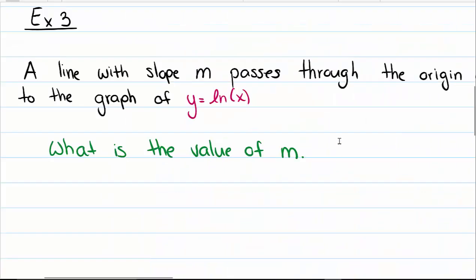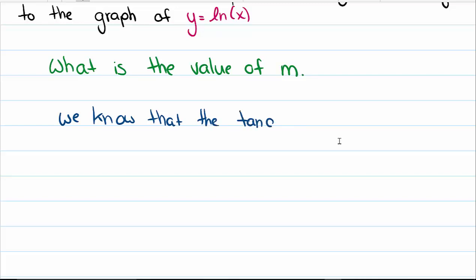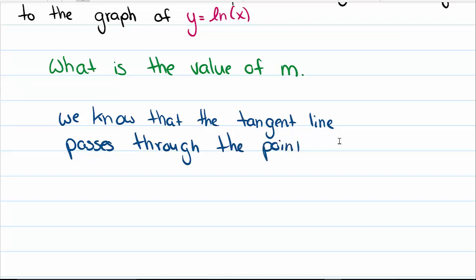Okay, so let's put down some of the information we know. We know that the tangent line passes through the point 0, 0.